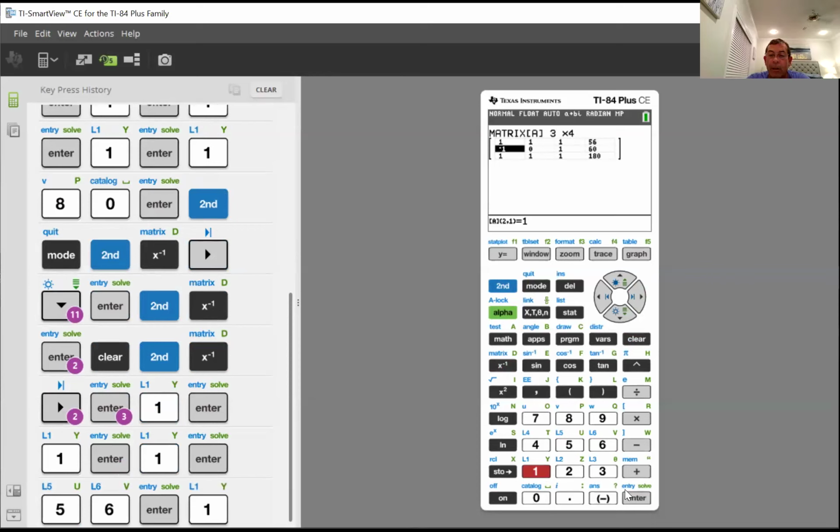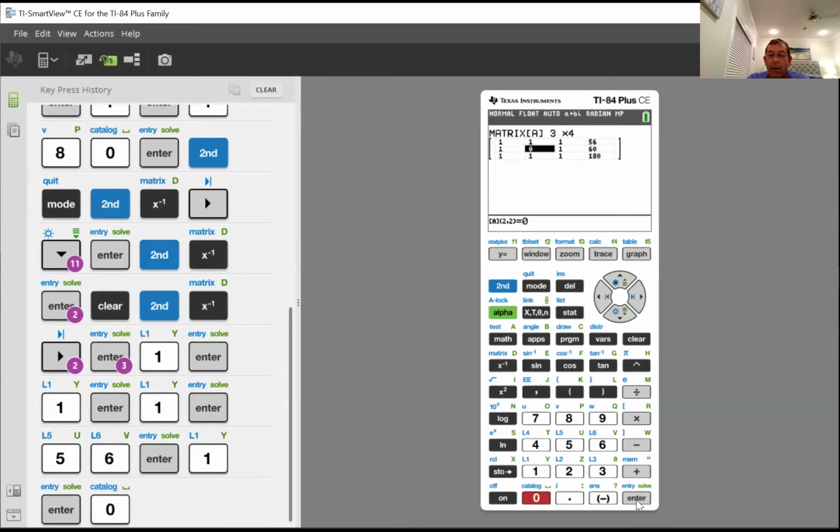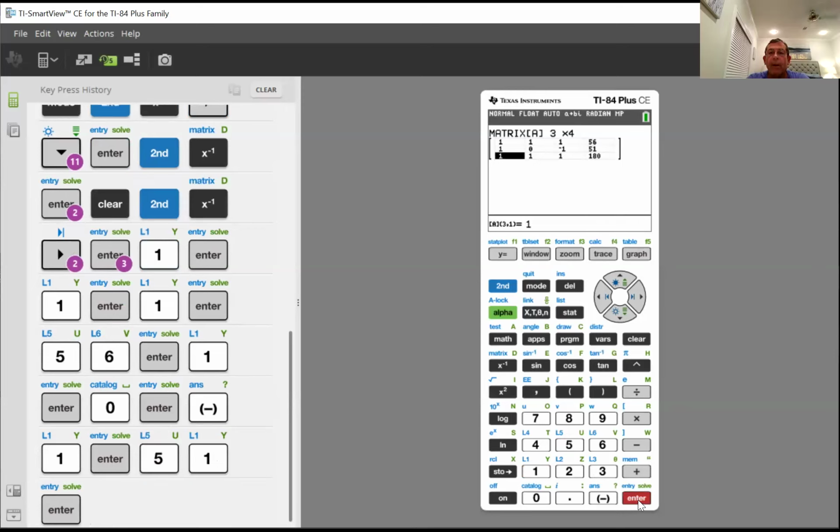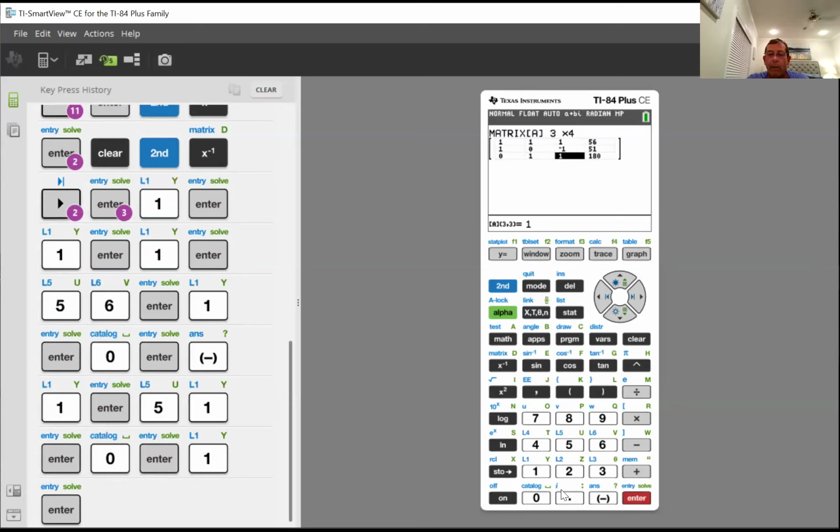So 1, 0, -1. And that was 51. Our last row, 0, 1, 1, and 13, enter.